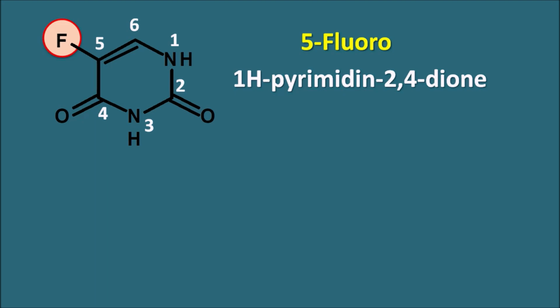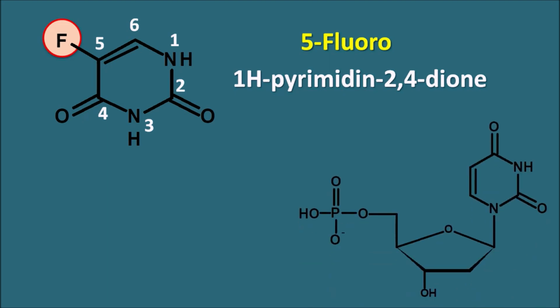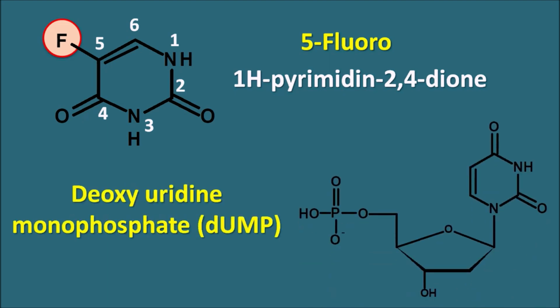And this drug has structural similarity with another substrate, dUMP, that is deoxyuridine monophosphate. In deoxyuridine monophosphate, uracil is present as a base which is connected with the deoxyribose along with a monophosphate group. So 5-fluorouracil as well as deoxyuridine monophosphate are structural analogs.